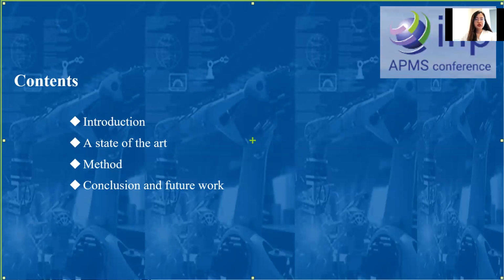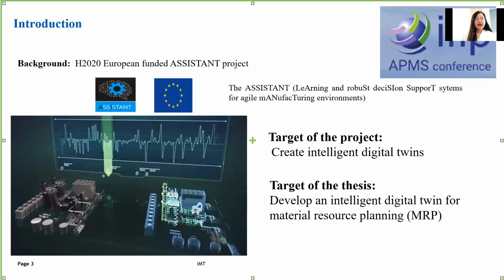First is the introduction. My conference paper and my PhD research work are based on a European funded assistance project. This project aims to create intelligent digital twins through the joint use of machine learning, optimization, simulation, and domain models.